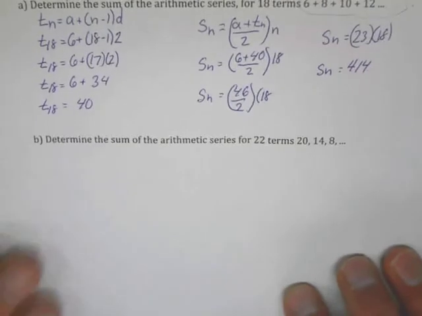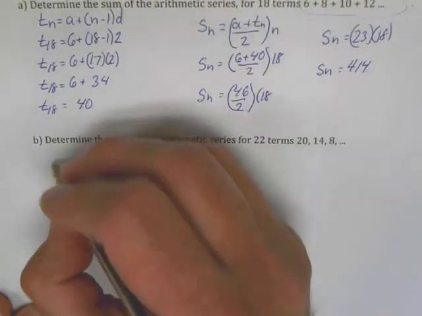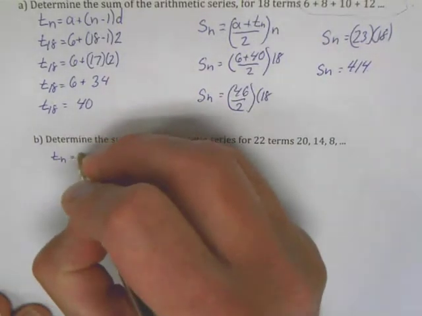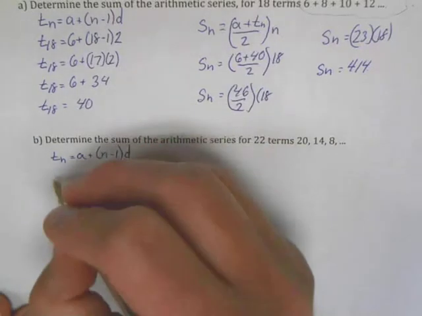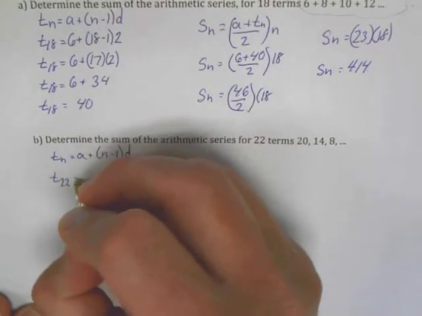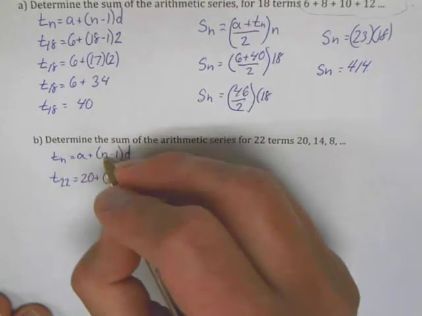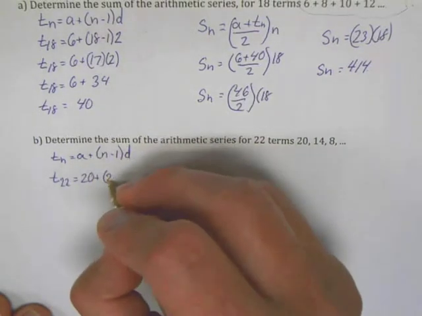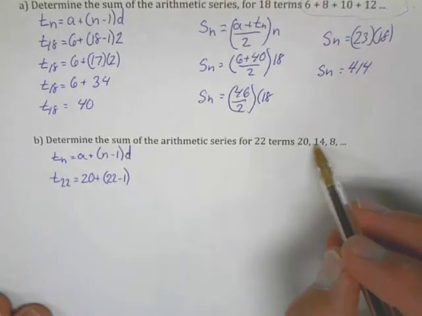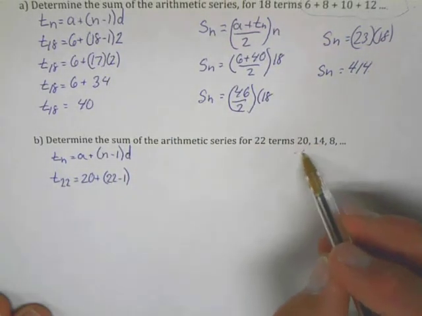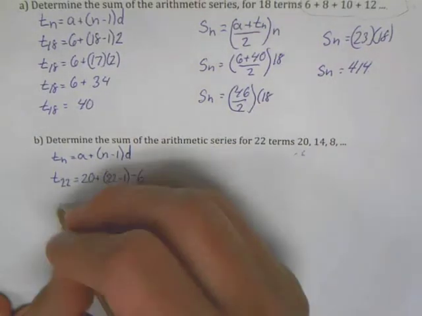Same setup for down below for part B. You've got to find what term 22 is, so Tn equals A plus n minus 1 times d. Term 22 is equal to, first term is 20, plus n, which is 22, so it's going to be 22 inside my brackets. The difference is 14 minus 20 is negative 6, 8 minus 14 is negative 6, so it's going to be negative 6.